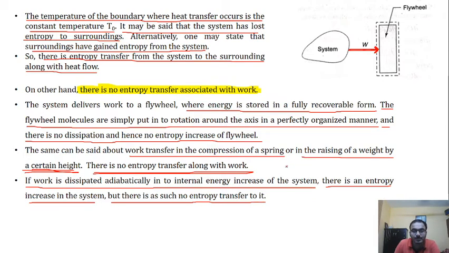Here what is happening is that W is being converted into U. So this will increase the entropy of the system, but there is no transfer of entropy into it.